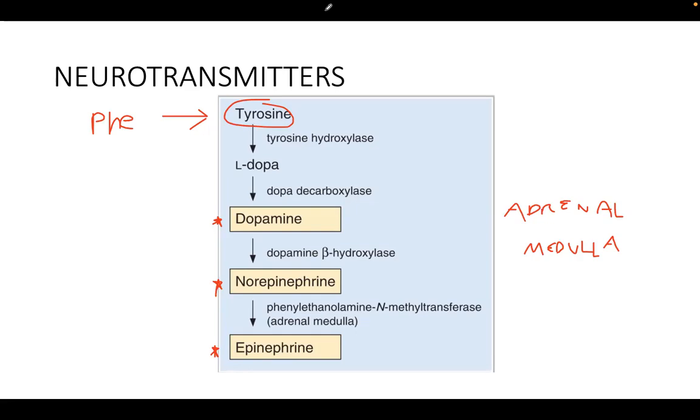Now, question: what is the enzyme responsible for the reuptake or the breakdown of your catecholamines? What is that enzyme? Okay, very good.